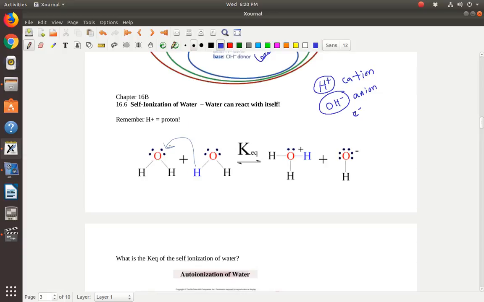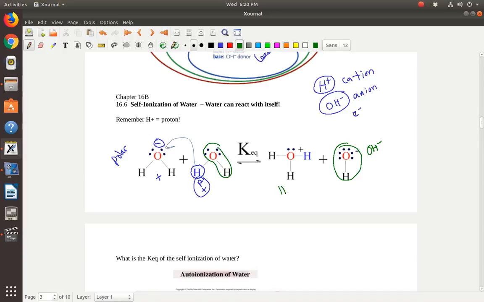So water can make ions of itself. Here we have a hydrogen ion, which is really a proton, and protons are positive, right? Remember, the water molecule has a negative side and a positive side because it's polar. So the positive proton is attracted to the negative side because opposites attract. And when it does that, what's left is the hydroxide ion, the OH minus.